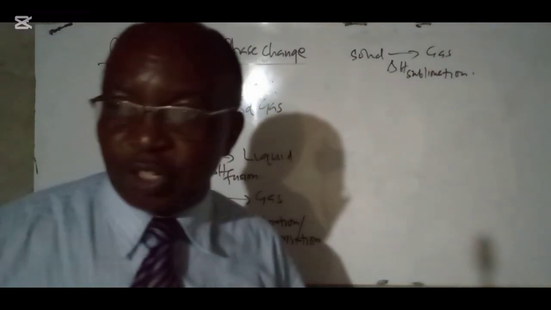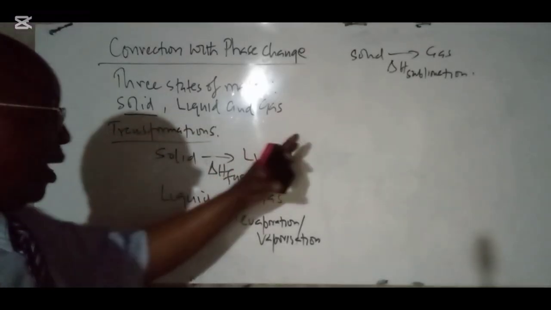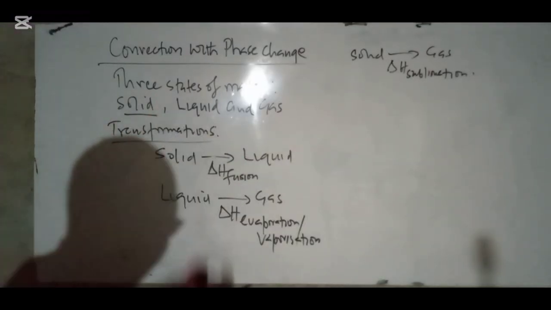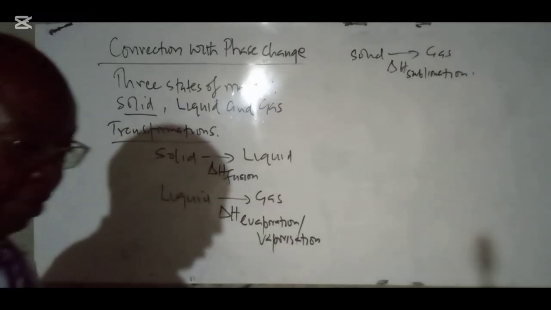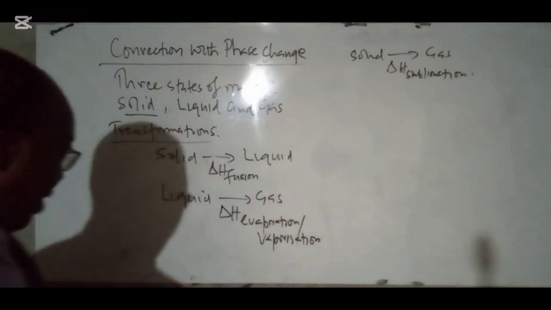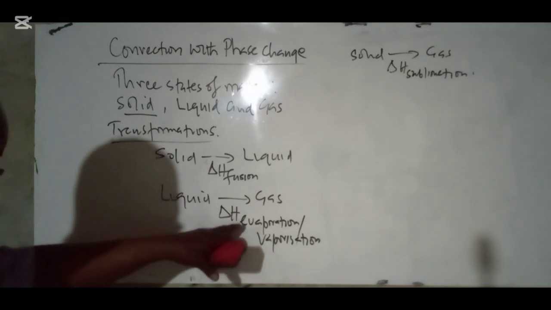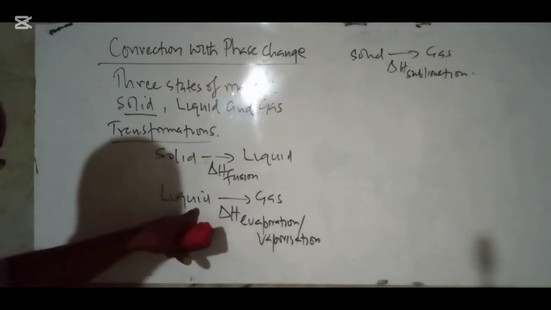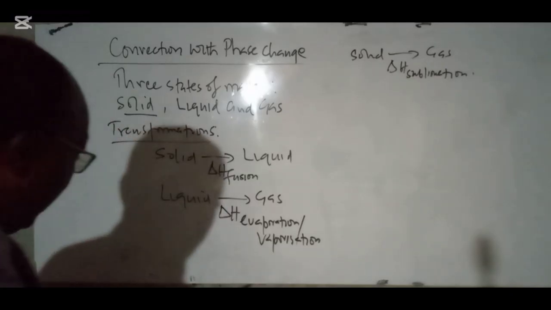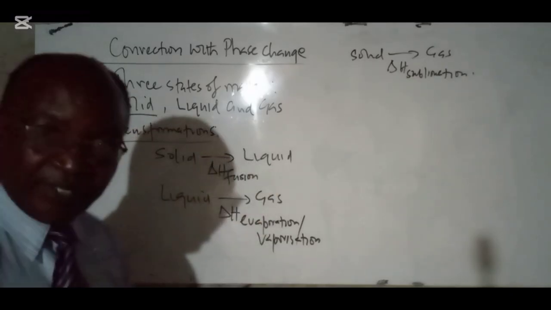These phase transformations are normally accompanied by release or addition of energy, so that when you have the reverse process, for example, gas going back to liquid, that is called condensation. Liquid back to solid, that is freezing.